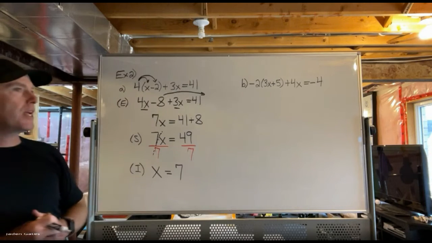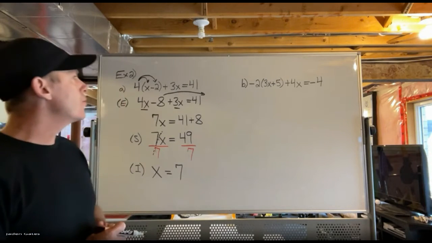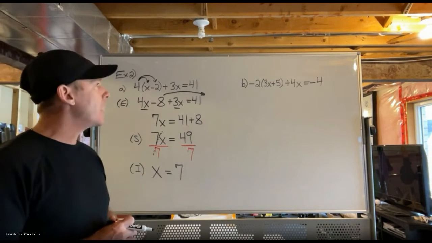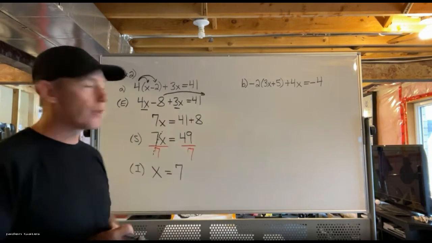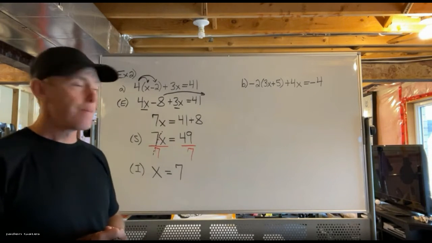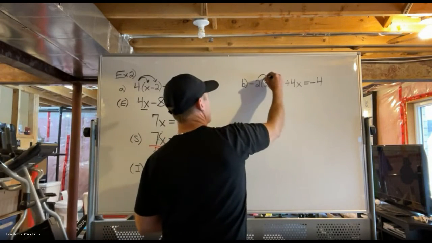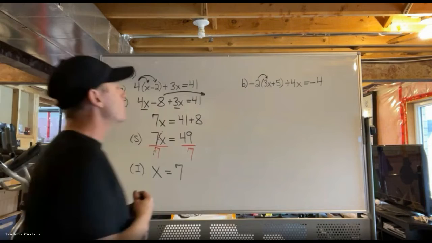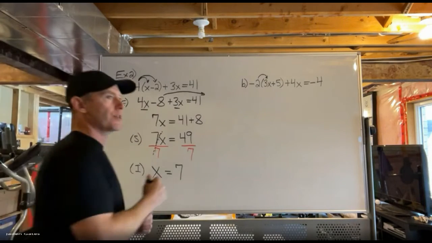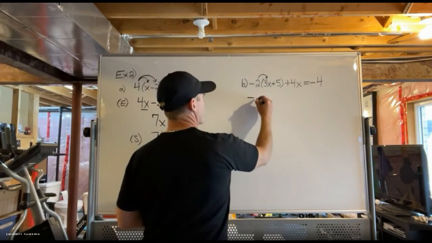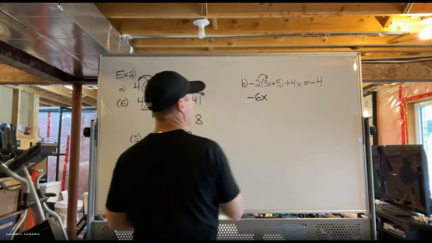So again, over in B, I have negative 2 times 3x plus 5. Then this plus 4x over there equals minus 4. All right, so again, I'm going to do my rainbow rule. So I got negative 2 times 3x. That's negative 6, and then there's an x.